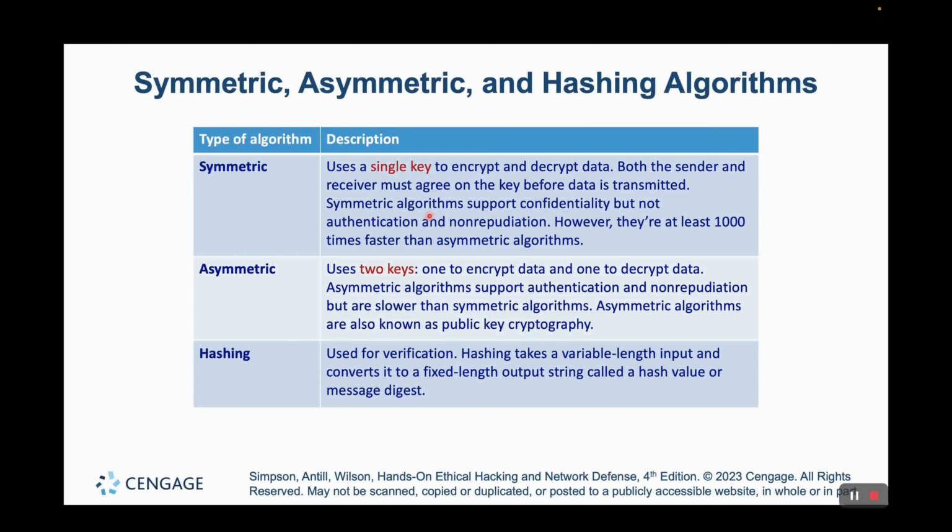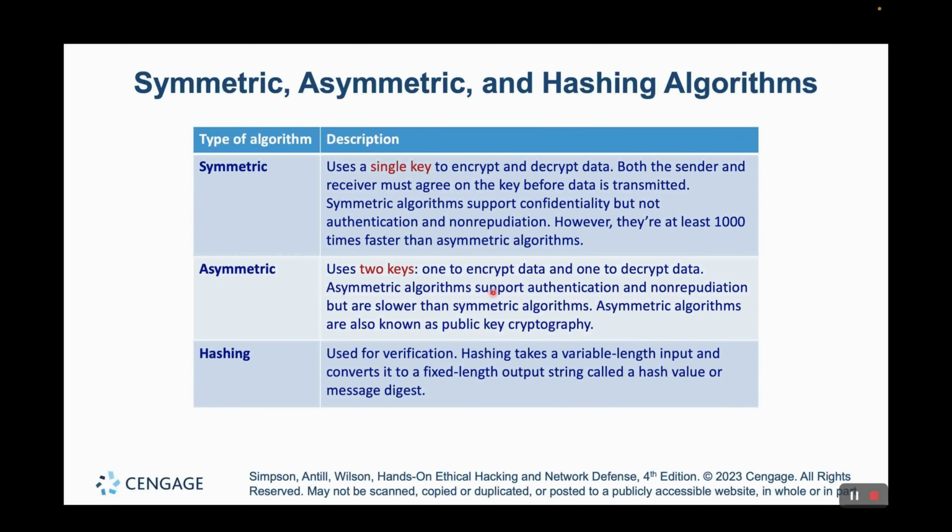Therefore, symmetric algorithms support confidentiality, but not authentication and non-repudiation. However, it is much faster than asymmetric algorithms. Now, an asymmetric algorithm uses 2 keys, one for encryption and the other for decryption.